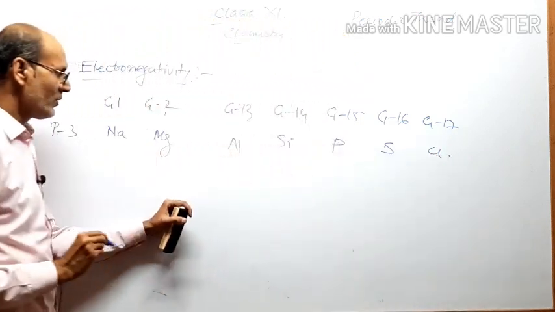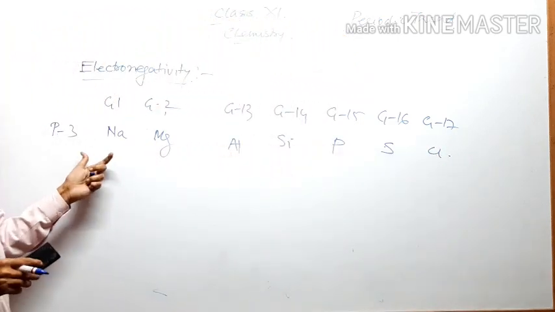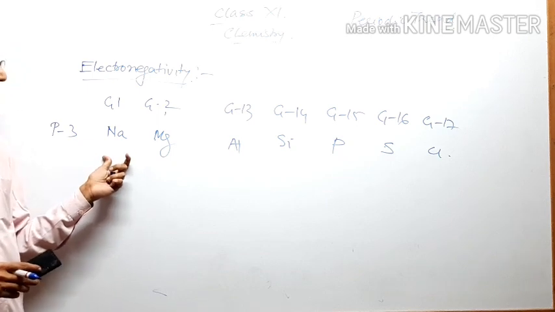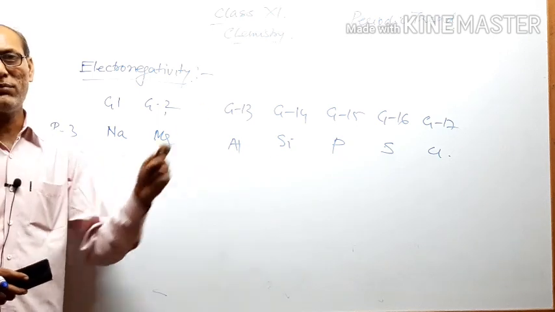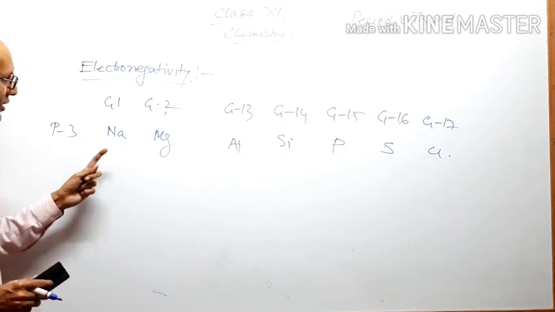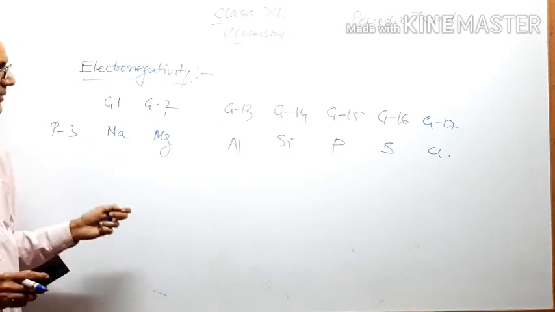In the metallic and non-metallic nature, you have studied that metallic character decreases on moving from left to right, because they are metals and those are non-metals.